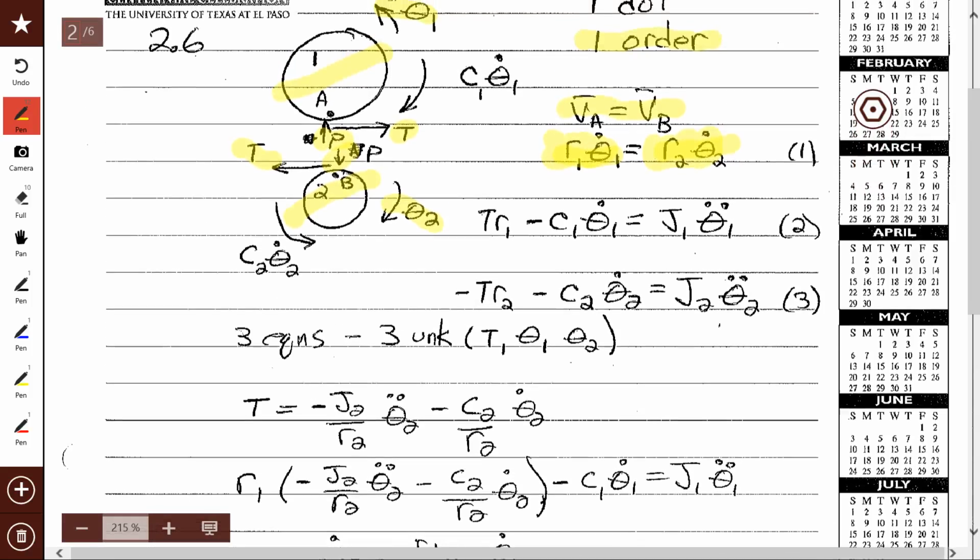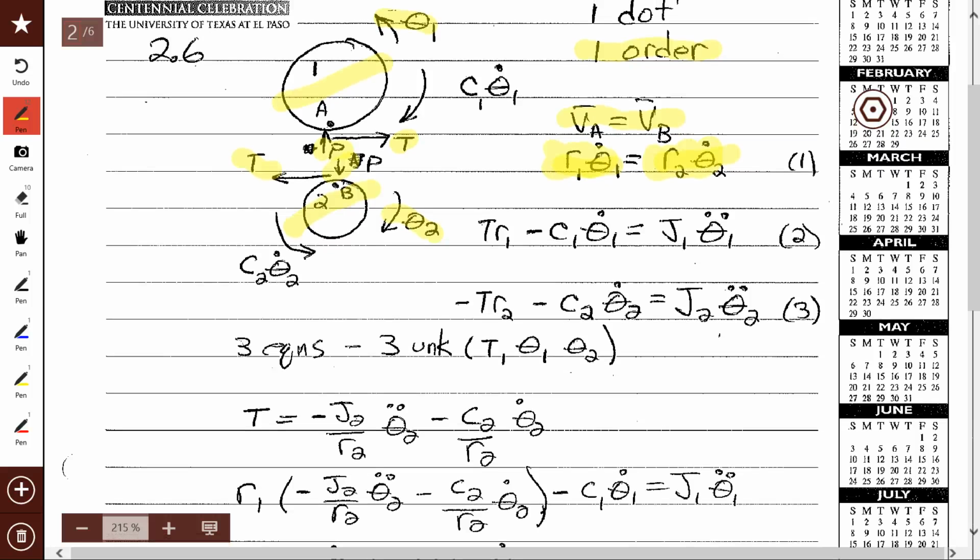All right, so now I'm going to take moments on gear 1. And this is the moment caused by the T. That's the force times its moment arm. It has a damper, which is C1. The damping force is the constant times the speed.